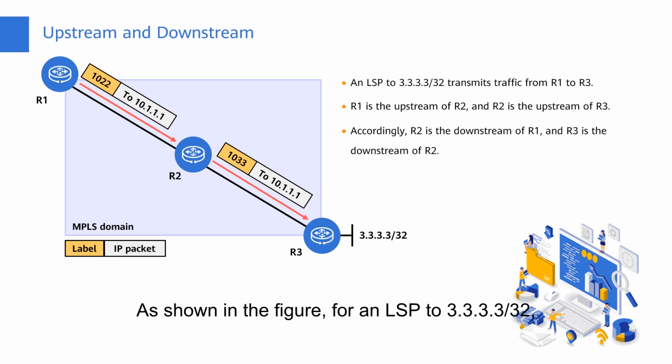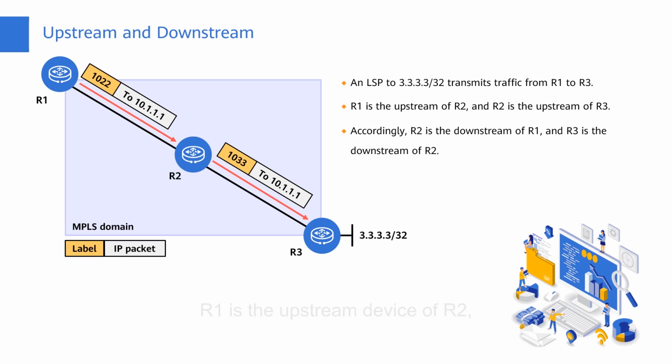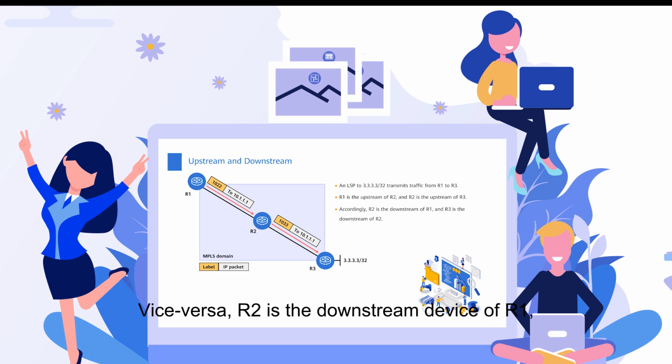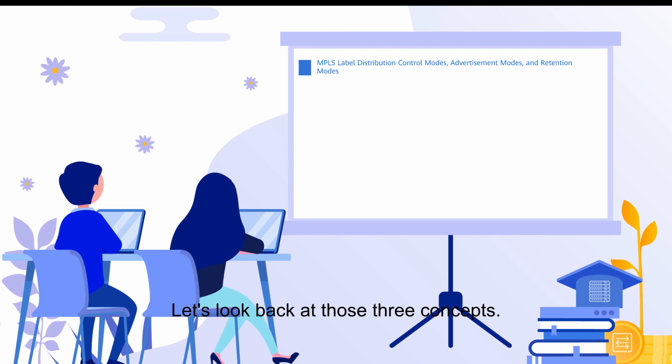As shown in the figure, for an LSP to 3.3.3.3/32, R1 is the upstream device of R2, and R2 is the upstream device of R3. Vice versa, R2 is the downstream device of R1, and R3 is the downstream device of R2.